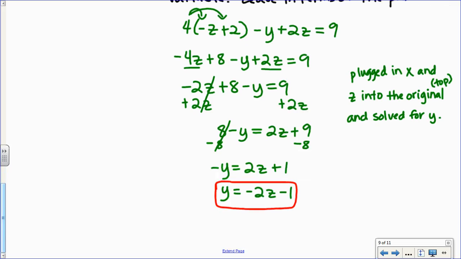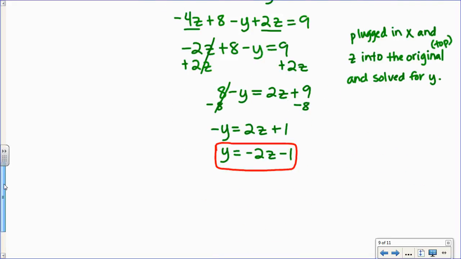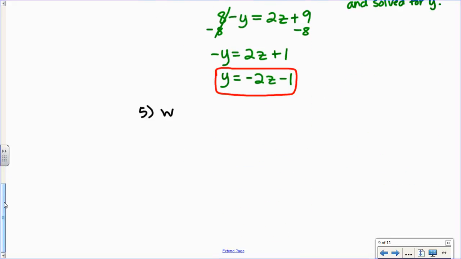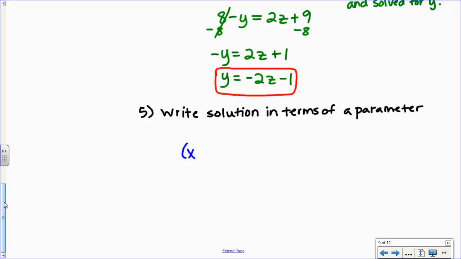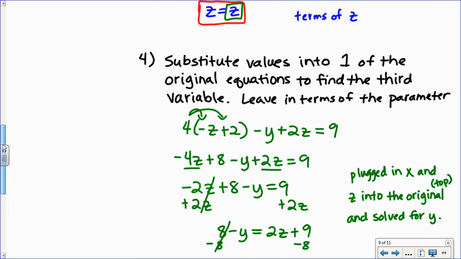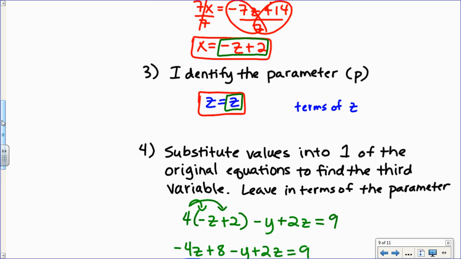Okay, then our final step: write solution in terms of a parameter. X, Y, Z. So I'm saying my ordered triple, my X, Y, Z, are X is negative Z plus 2.